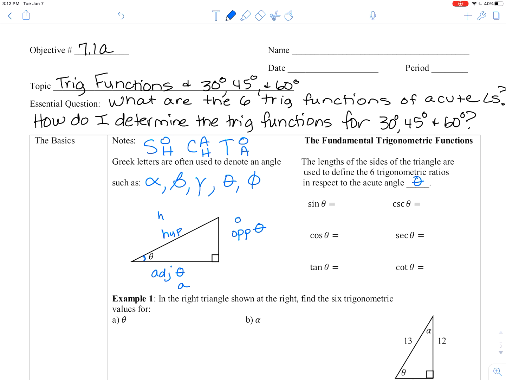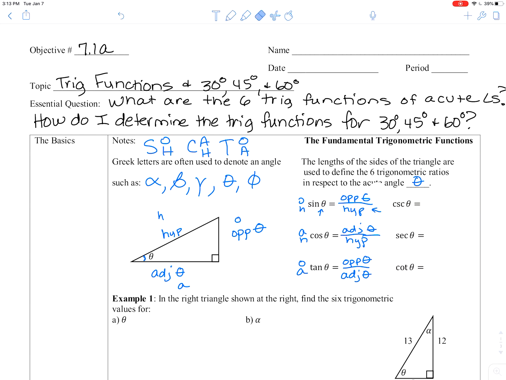So the sine of theta, sine is OH, is opposite theta over hypotenuse. Cosine is AH, adjacent to theta, over hypotenuse. And tangent is OA, opposite theta, over adjacent to theta. So angle goes here, side measures go here.